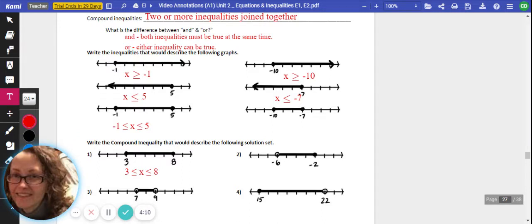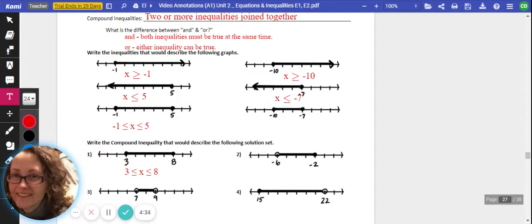And anything to the right of 5 is not going to be true down here. So the only time where both of these top two shaded graphs are true is in between, where they are both true.